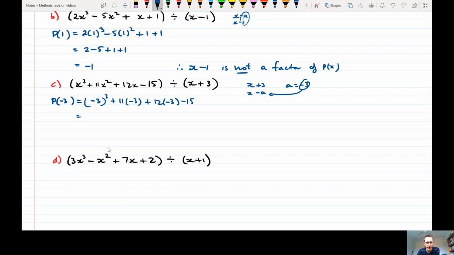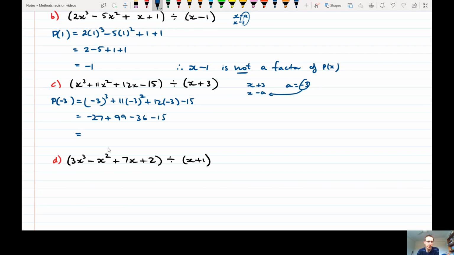And you can fairly clearly see it's not going to get to 0, but let's finish it off. Negative 3 squared is 9 times 11 is 99 minus 36 minus 15. So the 99 is much too big for everything else. 99 minus 36 is 63.